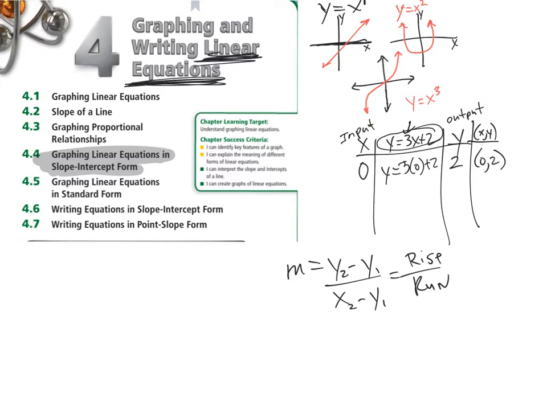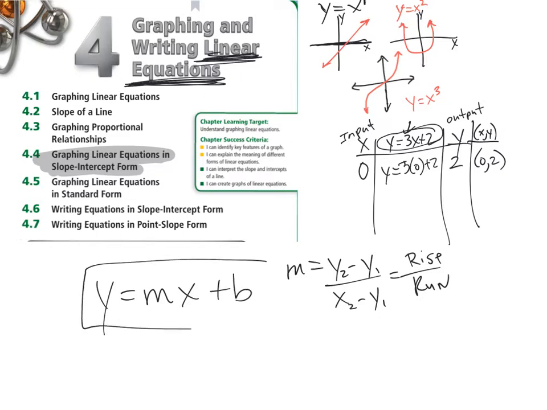Okay, so now we're going to talk about what this slope-intercept form is. This is slope-intercept form, so you definitely want to write that down. And m is the same as this, so m is slope, and b is what we're going to call the intercept, so slope-intercept is the y-intercept, and we'll look at that closer in a second.